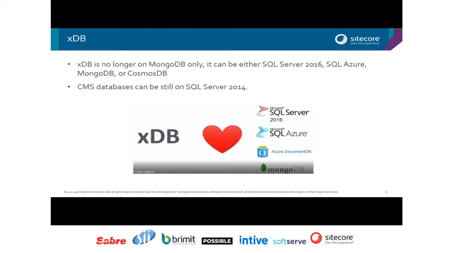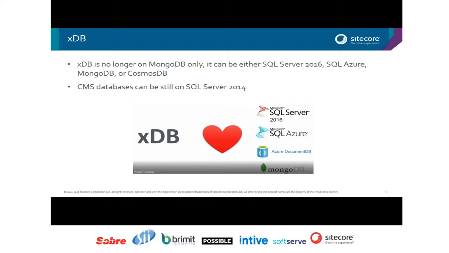Together with this, there is a huge change in xDB itself. It is no longer on MongoDB only. It can also be on SQL Server, Cosmos DB, or SQL in Azure. For SQL Server, it has to be 2016.